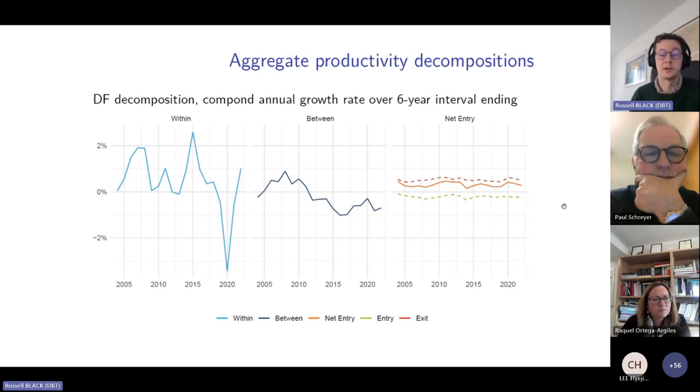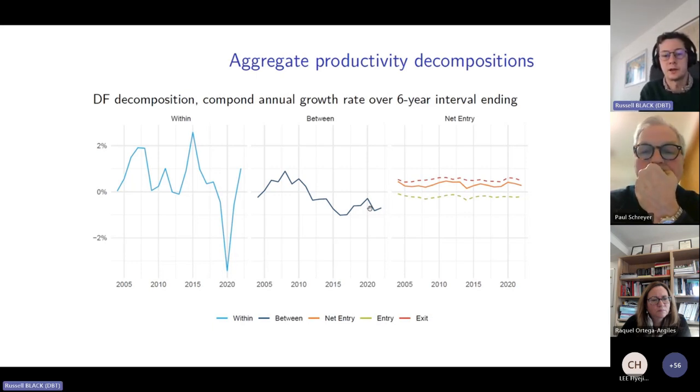So starting in the middle with the between growth, this is the one where it was high and then it's low, and it is responsible for about half of the productivity slowdown.